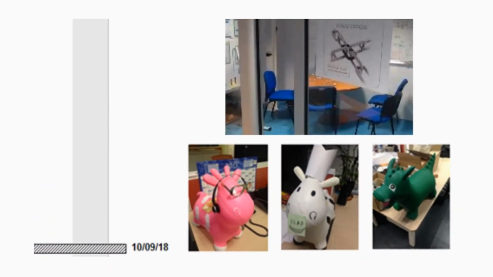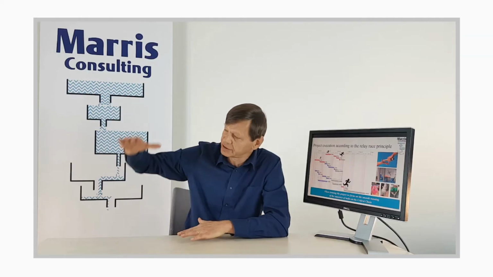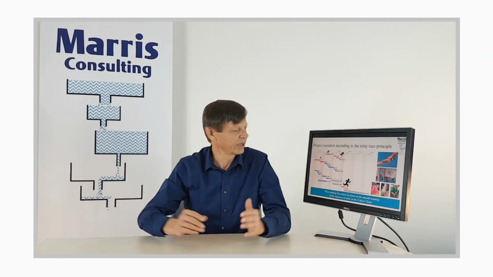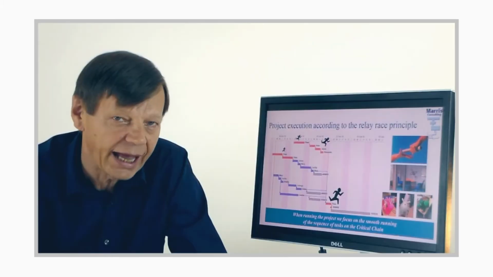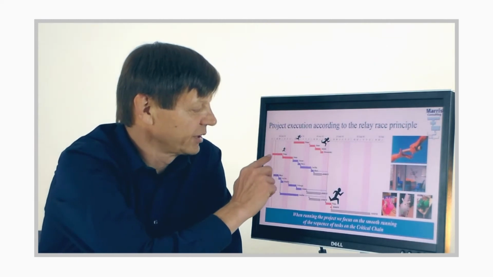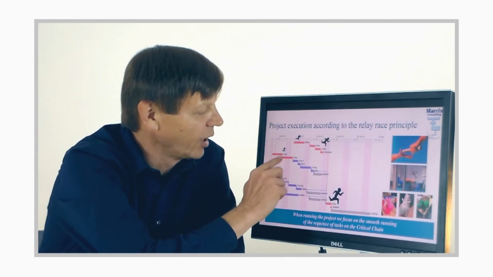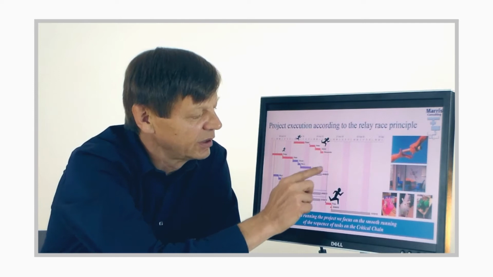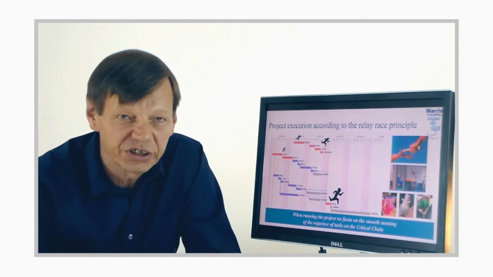Our record right now of silliness is a pig, which was a toy for a 3-year-old kid. It was about this tall, a big pink thing, which went oink oink, and that will follow the tasks of the critical chain. So this big pink pig went from one office to another, all the way through until the project was finished.